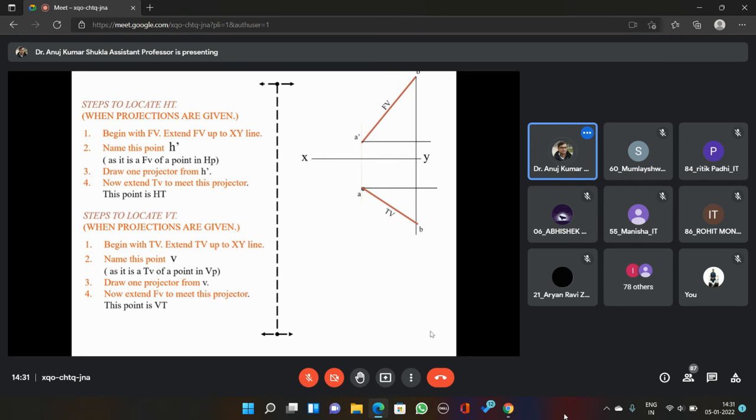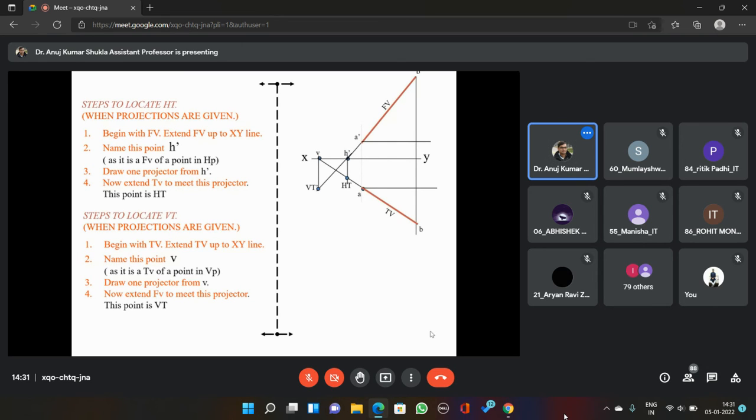So let's see. Here you have the front view and top view. How to locate HT? You extend the front view up to the XY line and name it H prime. Then draw the projector and get the intersection, which is called HT. In a similar way you can get the vertical trace.